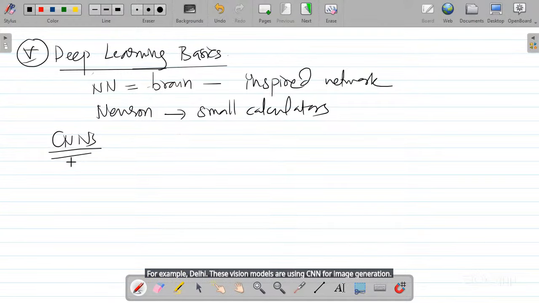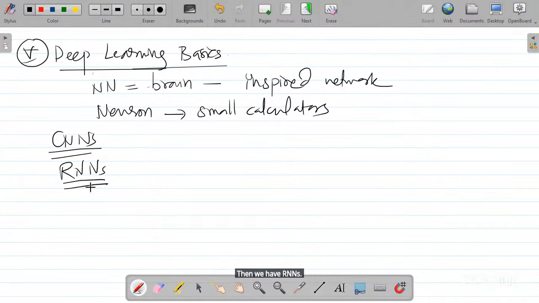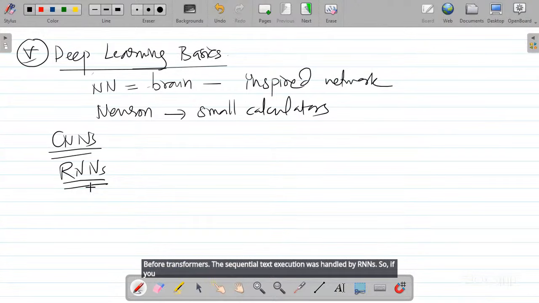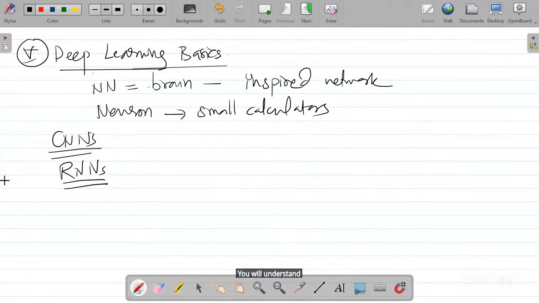Then we have RNNs, right? Recurrent neural networks. Before transformers, the sequential text execution was handled by RNNs. So if you understand RNN, you will understand why transformers are better. As I said, transformers are the heart of your models, but how are they better? Before that, who was taking care of these things?